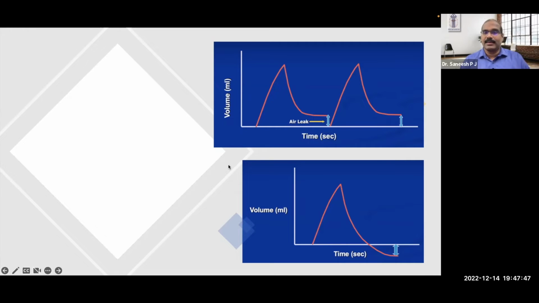I've already mentioned how it looks in a flow time scalar. So this indicates a leak in the circuit. Check your cuff pressures, check your connections, and try to bring it down to a scenario where this tracing touches the baseline.